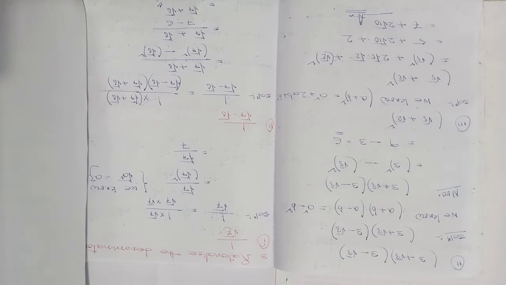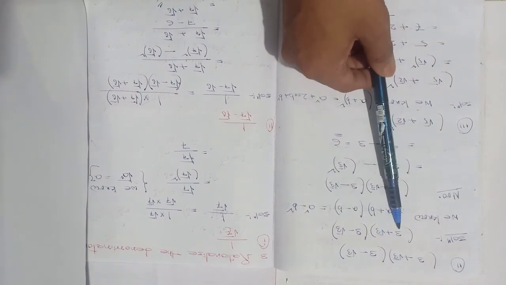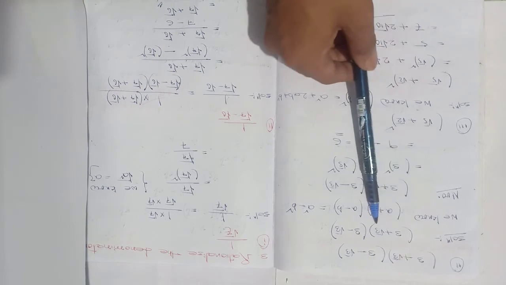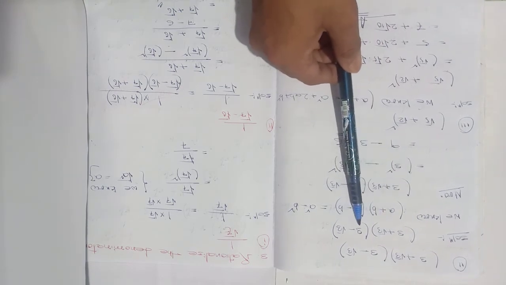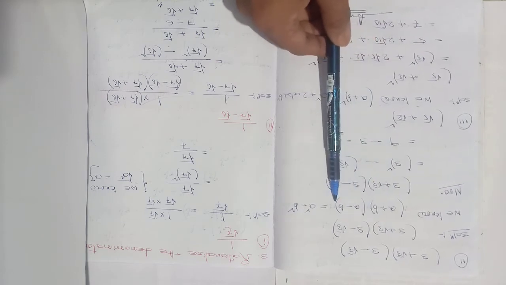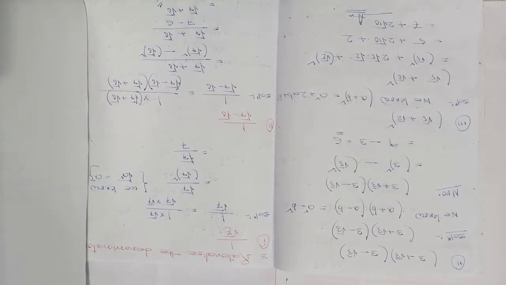All of you know a plus b into a minus b is a square minus b square. See here, the first number is a, so it is 3, and root 3 is b, so this is a plus b, and this is a minus b. So the formula for a plus b into a minus b is a square minus b square.